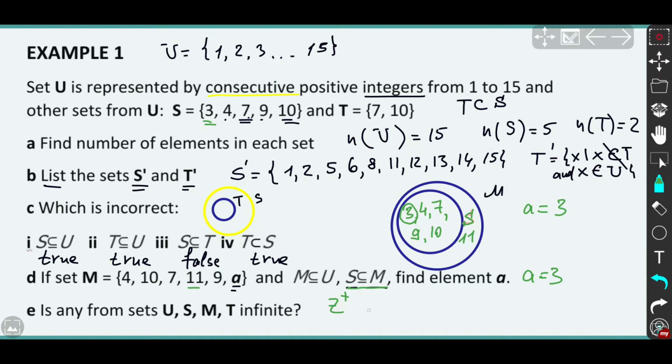Obviously, it's infinite because it's restricted from the bottom, from the lowest number, which is 1. However, it's not restricted from the top because elements go to infinity. In this case, because we can count the elements and it's going to be a specific number, not uncertainty, not an infinite number of elements, we can say that no single set is infinite. They're finite in contrast. Alright, so let's move next.